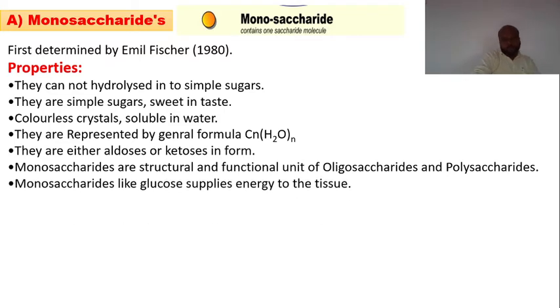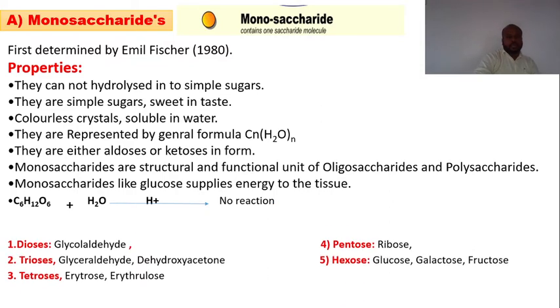For example, glucose is a main monosaccharide which supplies energy to the tissues of plants and animals. This is the reaction which shows there is no hydrolysis. If we take glucose and hydrolyze it with water, there is no further reaction. That means glucose cannot convert into any other molecule. So this is the main property of the monosaccharide.